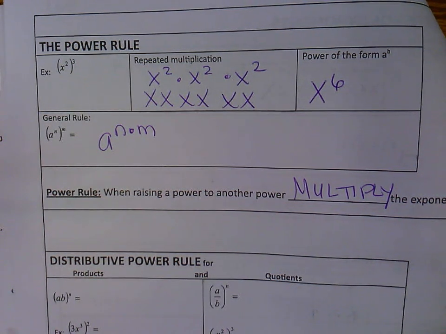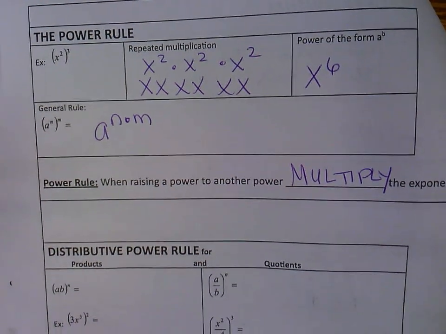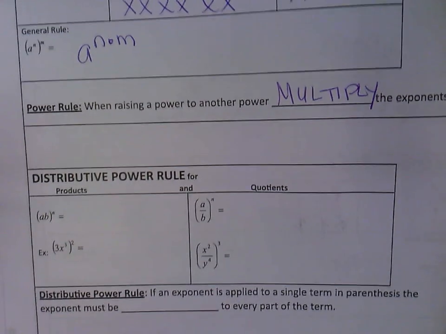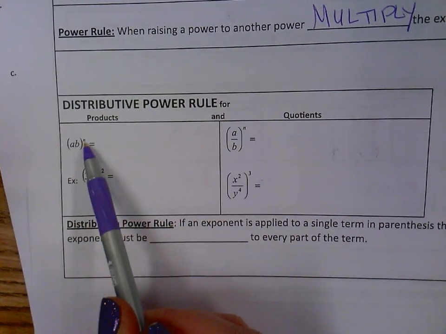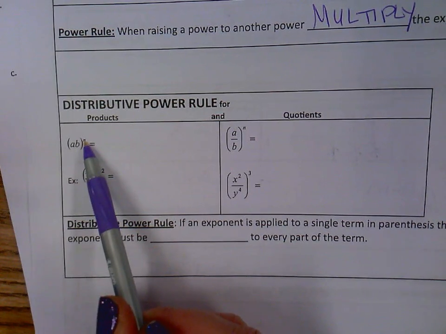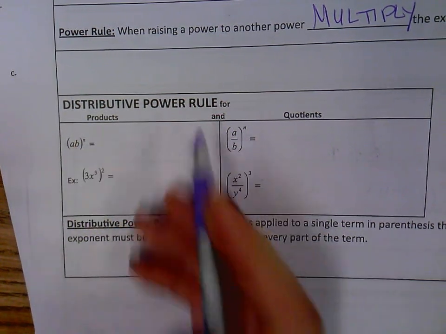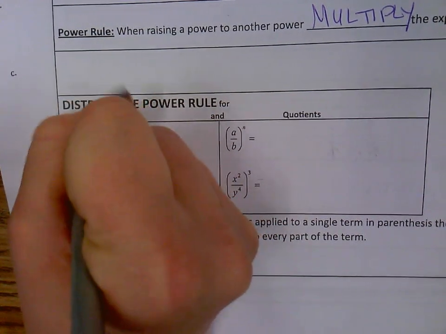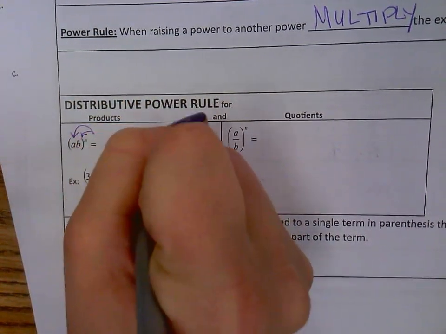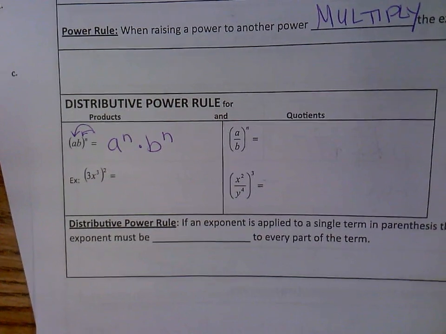multiplication. The distributive power, this should kind of make sense because most of you already know the distributive property, right? If you have something outside a parenthesis, you have to distribute it to every single thing inside the parenthesis. So if I distribute this n, I would have a to the n, and I also have times b to the n.